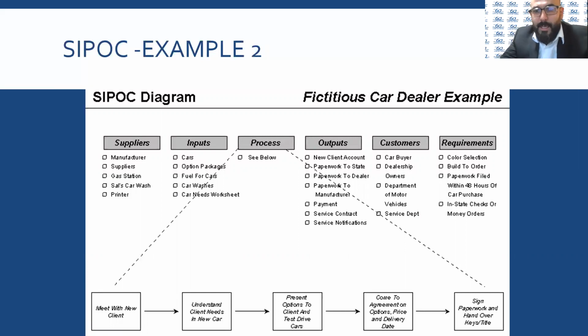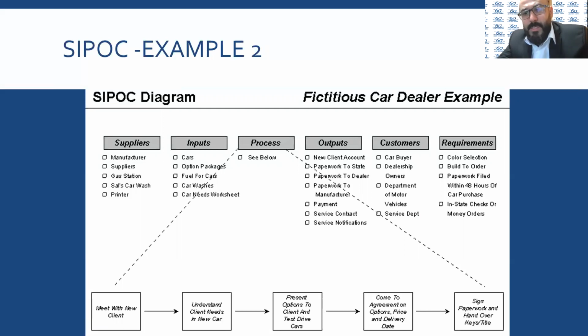New client account, paperwork to start, paperwork to dealer, paperwork to manufacturer, payment, service contract, service notification. Who's the customer? The customer for this process could be car buyer, dealership owner, Department of Motor Vehicles, or service departments.